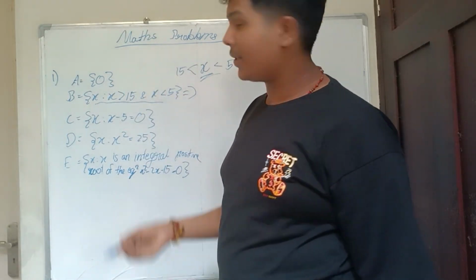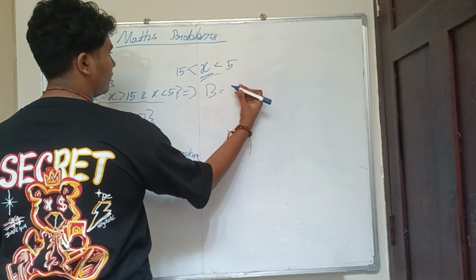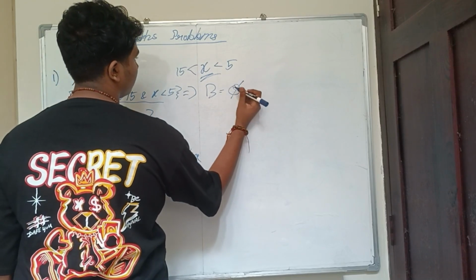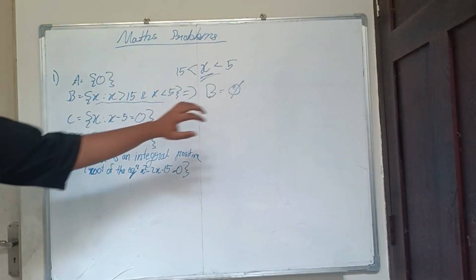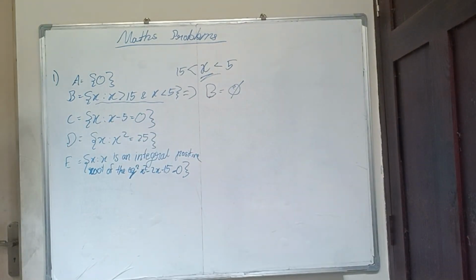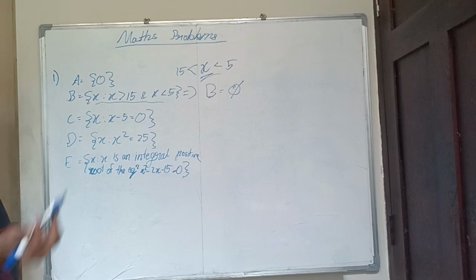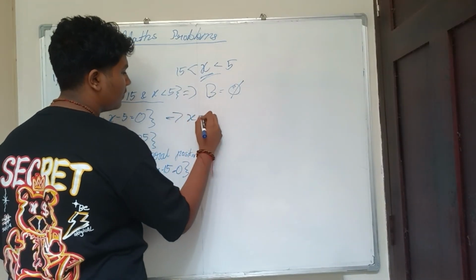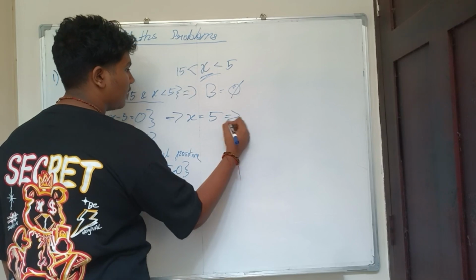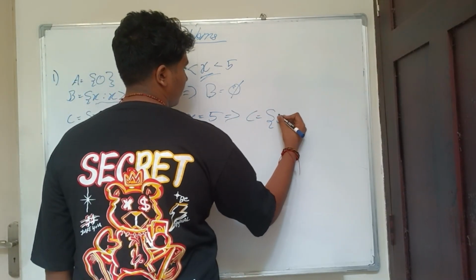To make it into roster form, B is equal to the null set. So this set B will be the null set. Next we have C, where x minus 5 is equal to 0. So x is equal to 5, right? Hence C is equal to the set {5}.